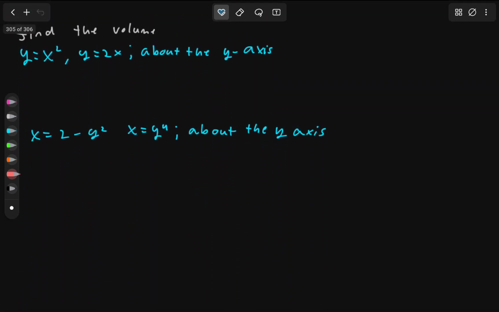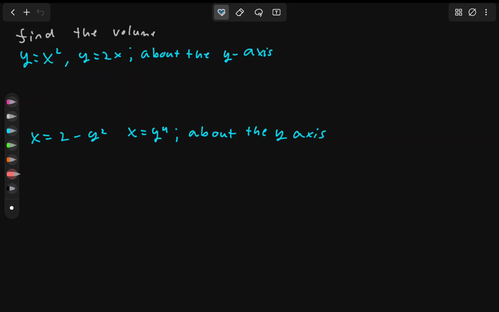So now we want to look at these next functions and then revolve them around the y-axis. So sometimes we can revolve functions around other axes, like the y-axis. And in both of these problems, we will be doing that, where we're revolving a function around the y-axis instead of the x-axis.